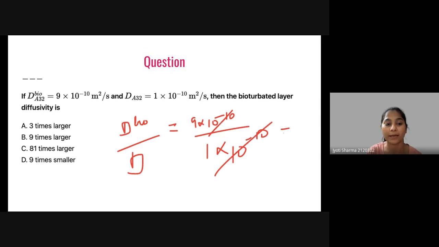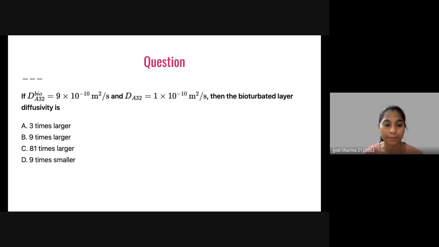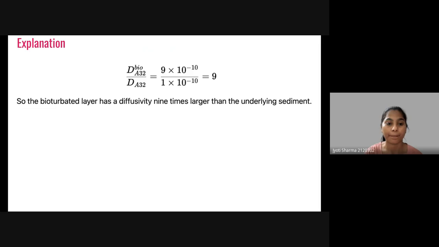This will be 9 times larger. So if the diffusivity constant due to bioturbation is larger, then obviously the diffusivity will be 9 times larger.